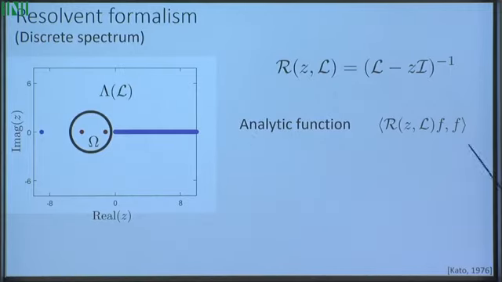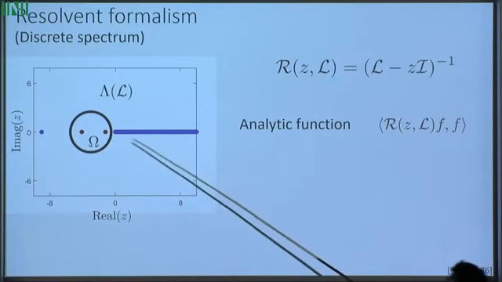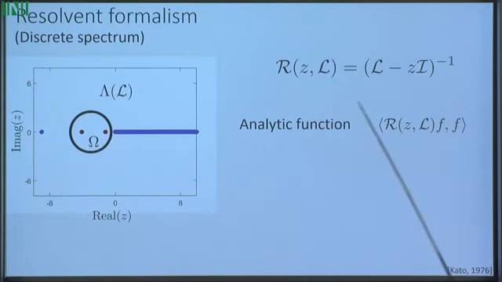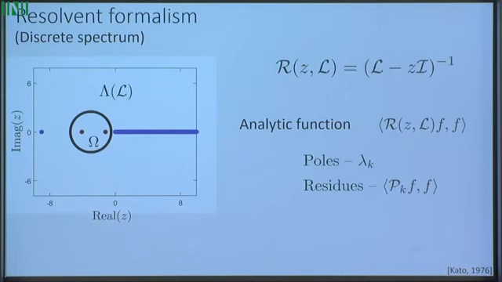So what FEAST does is look at the poles of this scalar function, which is analytic except at its singularities, which are exactly the spectrum of the operator. In particular, the poles of this are the eigenvalues of L, and the residues are the projections of F onto the associated eigenspace.